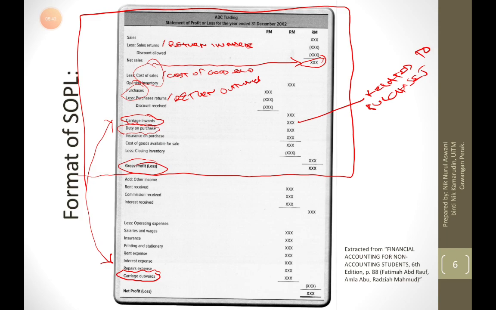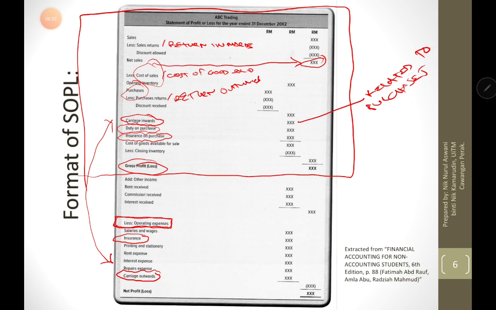When we import from overseas, we have to pay the duty, excise or tax. And then insurance on purchase. Sometimes for expensive items like gold, we will have insurance in transit. While the goods are being brought from the supplier to us, on the way we have insurance in case anything happens. That insurance on purchase we will include under the cost of sales. But if it says only insurance, not insurance on purchase, we will deduct it under operating expenses. If it says insurance on purchase, then we put it above.